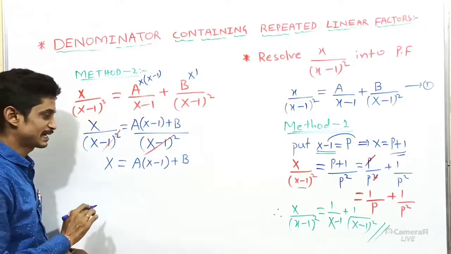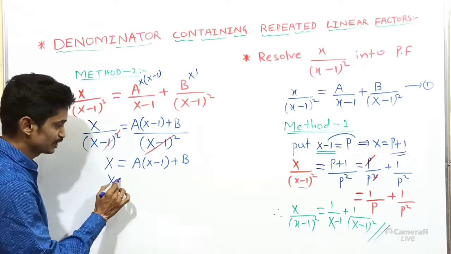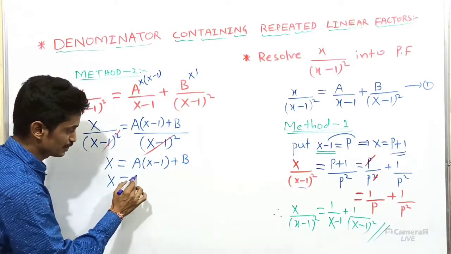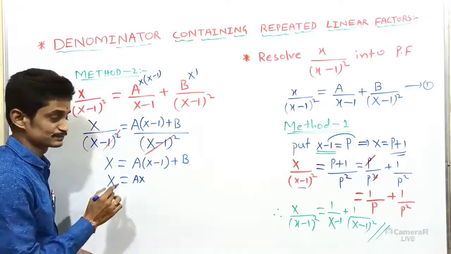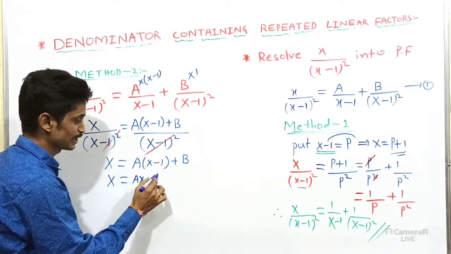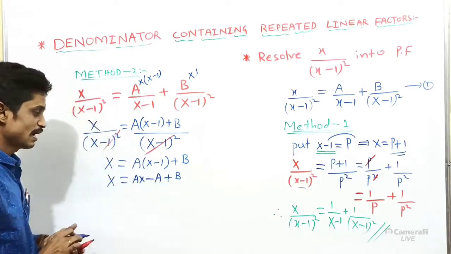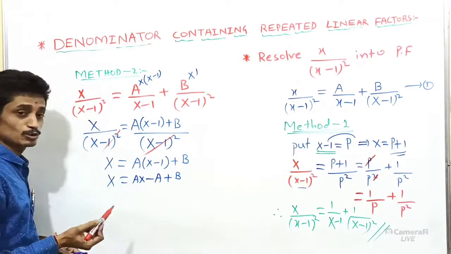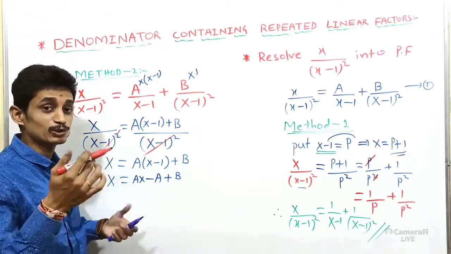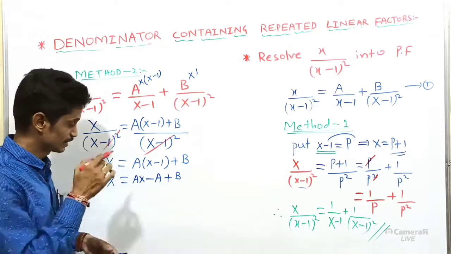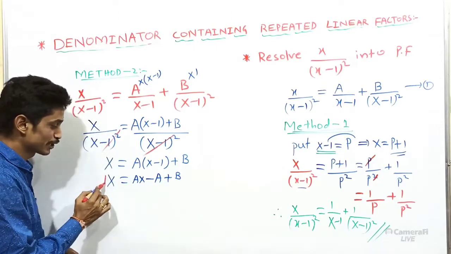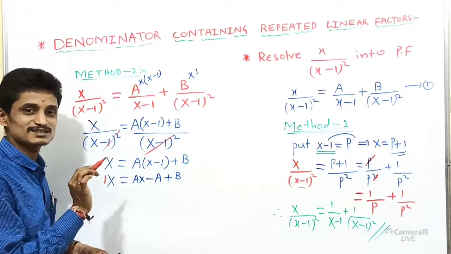Just removing the bracket, x is equal to a into x is ax, minus a into 1 is a. After that, already you know two polynomials are equal if and only if what? Yes, that is corresponding coefficients are same.